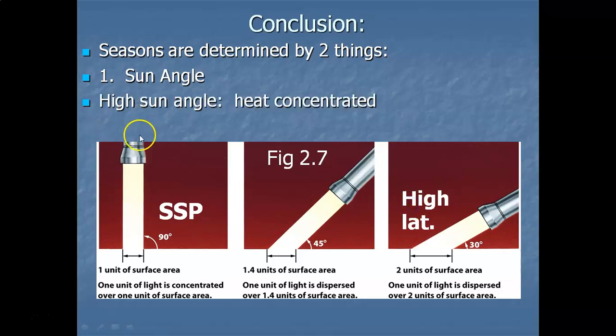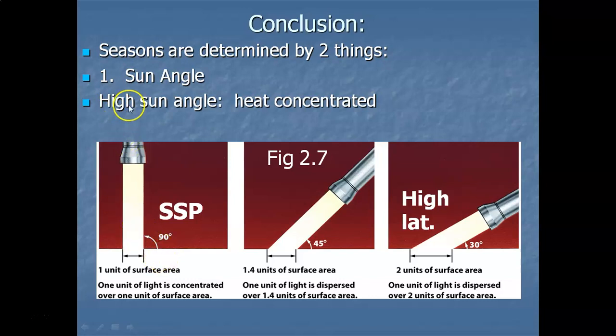And what we've got here is a flashlight, kind of representing the sun. And if you can do this experiment at home, just get a flashlight and darken your room and put that flashlight directly vertical, mimicking the subsolar point directly overhead, and you're going to have that 1 unit of sun's rays covering 1 unit of surface area, and you're going to get the full intensity of the sun's rays, or the flashlight, and that's a 90-degree angle.